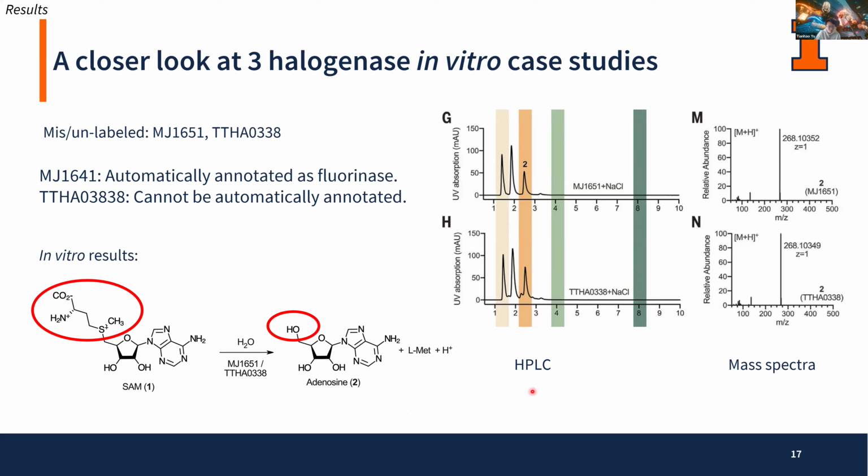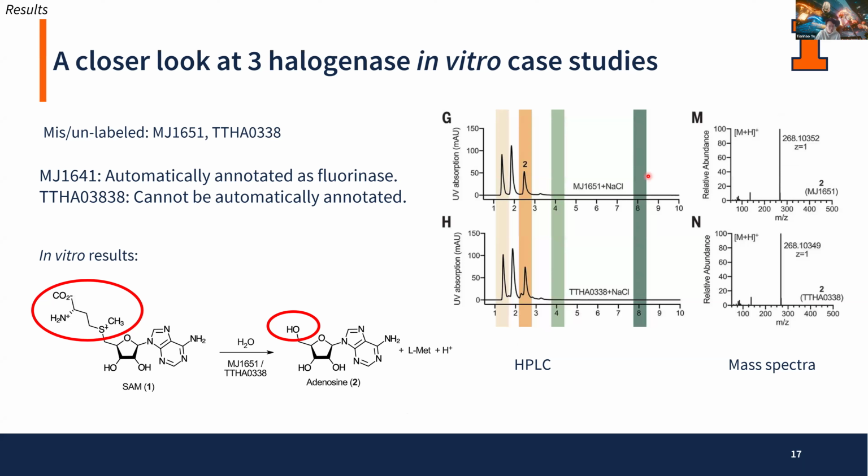So essentially here shows the HPLC result and the corresponding mass spec for the peak. The light yellow will be the SAM, which is compound 1, the substrate. And then the orange one, number 2, is a hydrolyzed SAM. Now, the green ones will be the expected location.